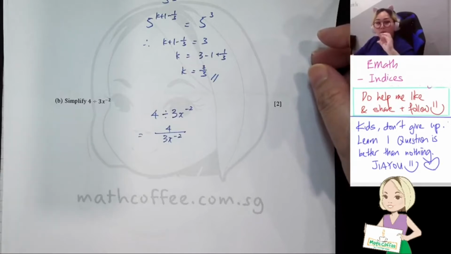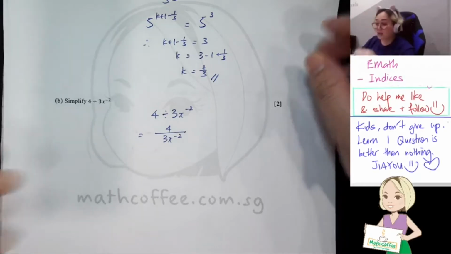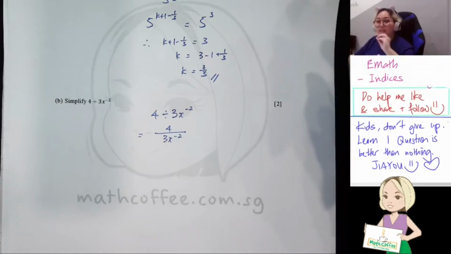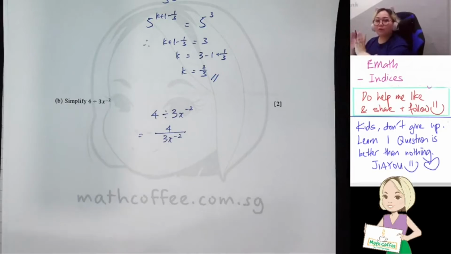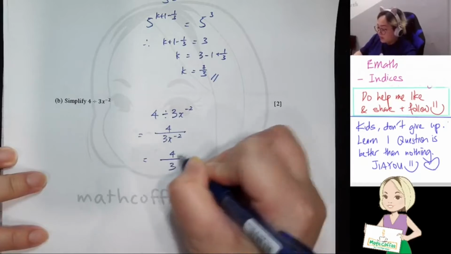And remember just now I mentioned, when the power is negative, you just need to swap. It is negative at the denominator, so you can bring it up. A common mistake is when students bring it up, they also bring the 3 up. But you must understand the 3 is standalone. The negative 2 belongs only to the x. So when you bring the x to the power of negative 2 up, you only bring the x. So it is 4, 3, x squared.